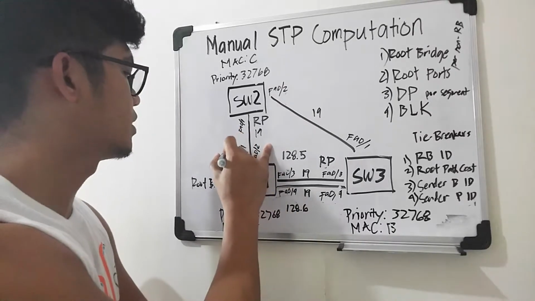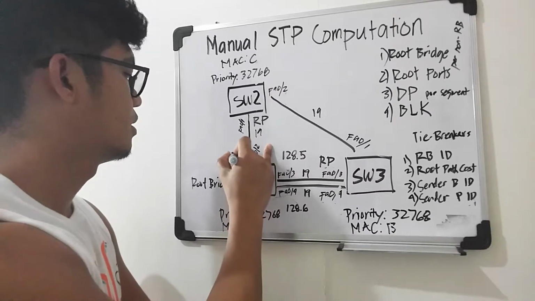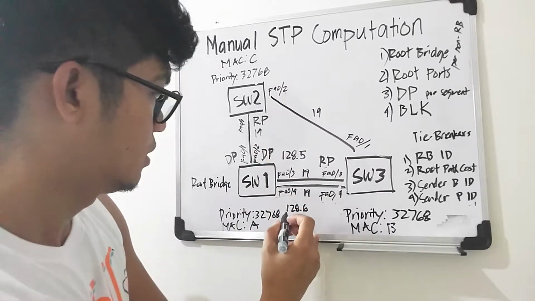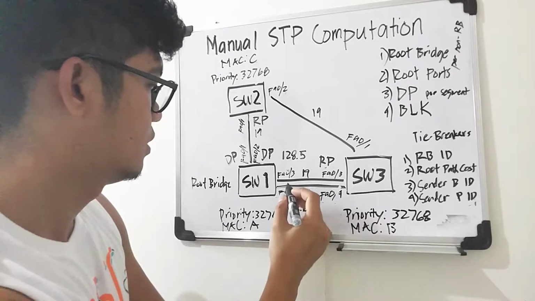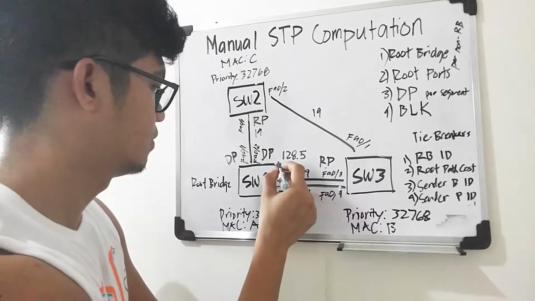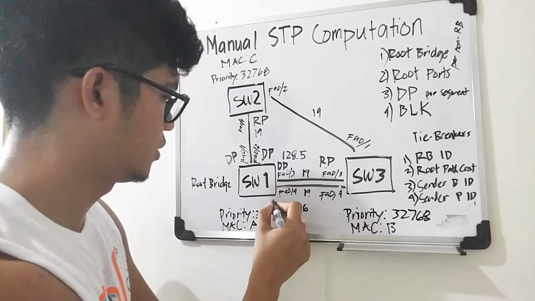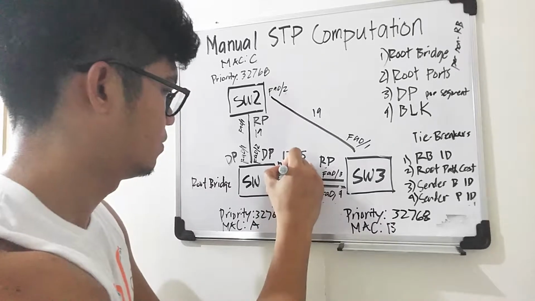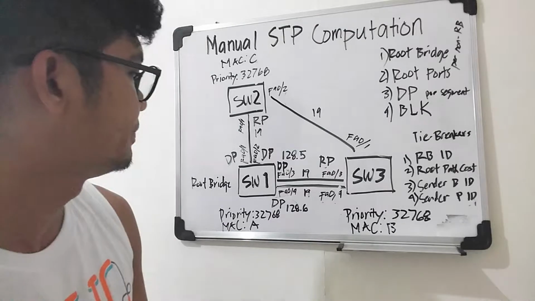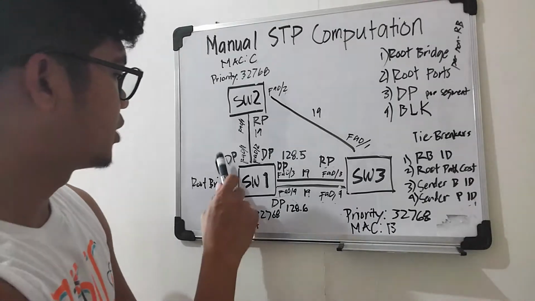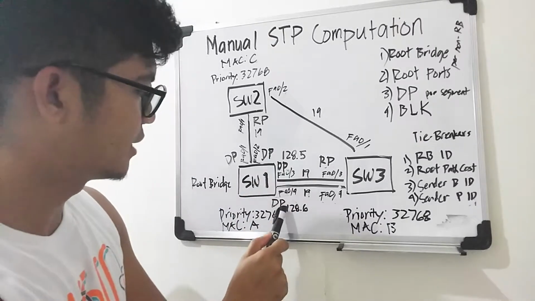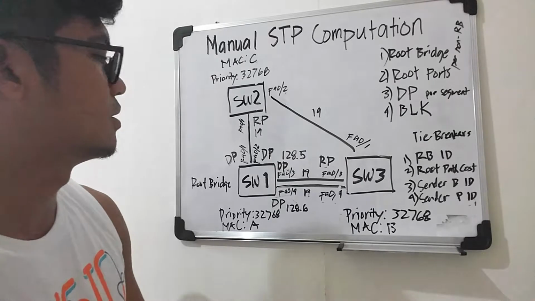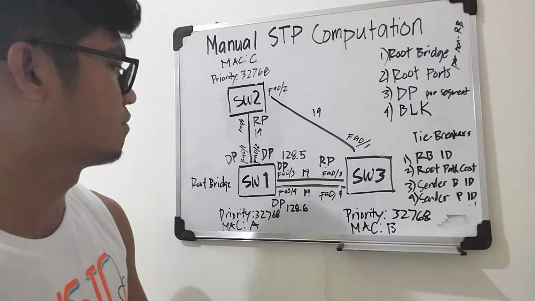So these will become designated ports, because they have a path cost of 0, since they are the ports on the root bridge itself.